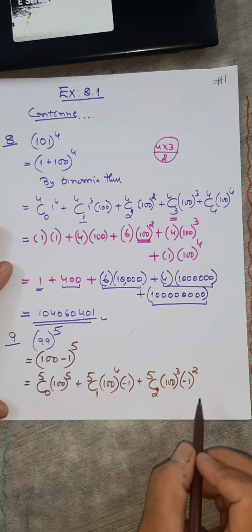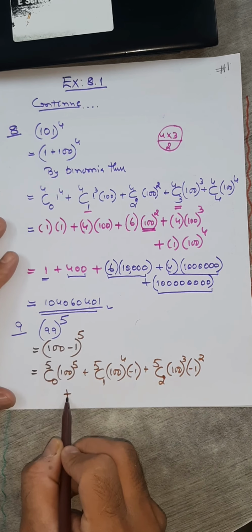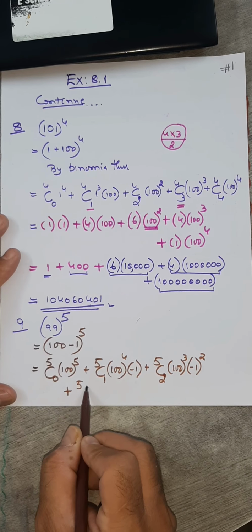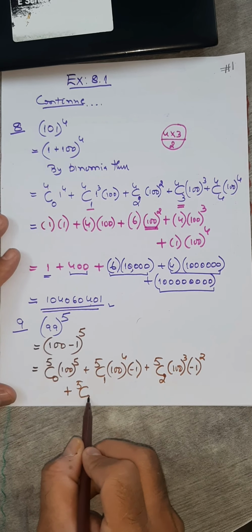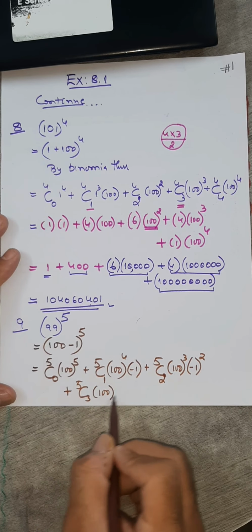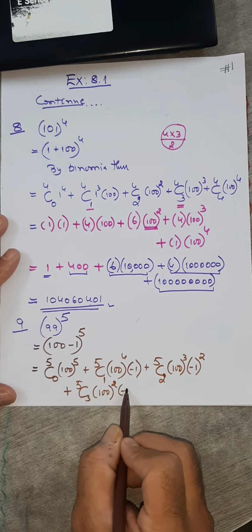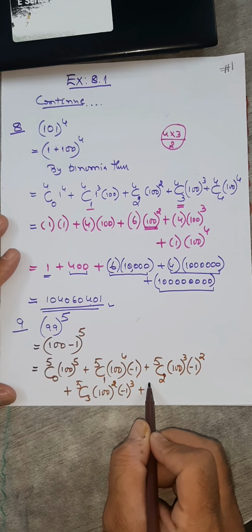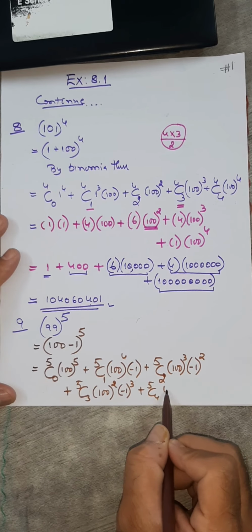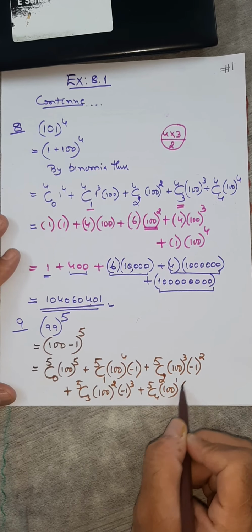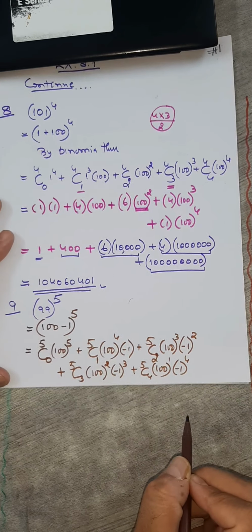Every time the power should be 5, remember. Plus, what about this? 5C3, 100 squared, and minus 1 cube, remember. 5C4, here you have 100 raised to 1 into (minus 1) raised to 4.